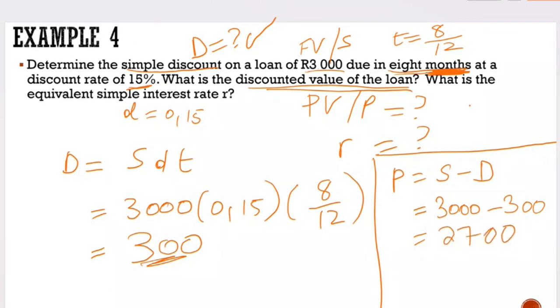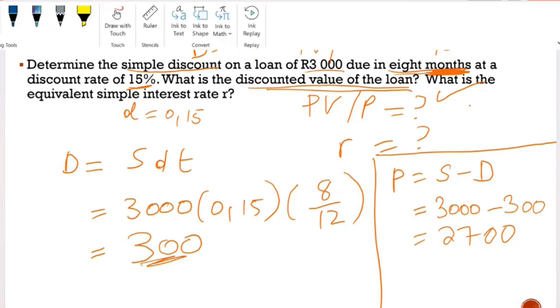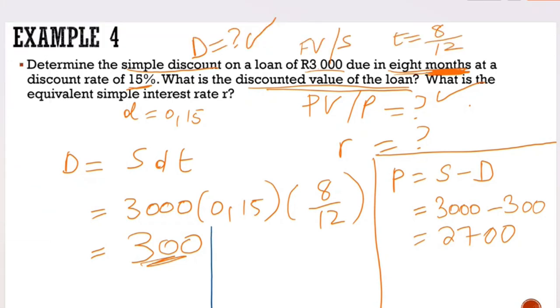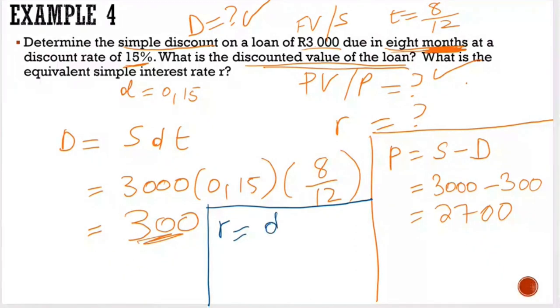Okay, so you've got this one. You need to calculate an equivalent simple interest. Okay, so we know our formula that we are going to use. We'll simply use this formula and say, for our equivalent rate, we know that an equivalent interest rate of a given discount is equal to d over 1 minus dt.